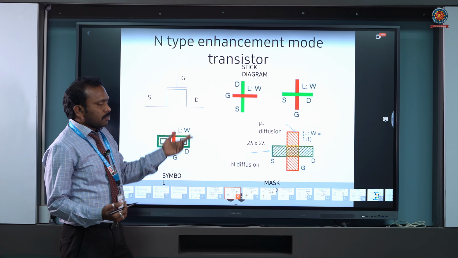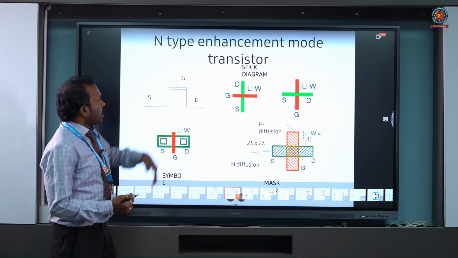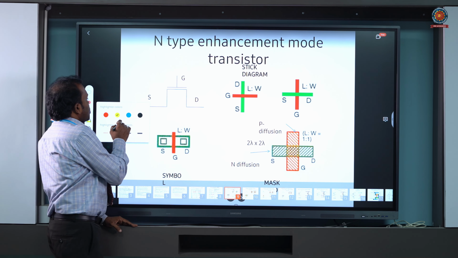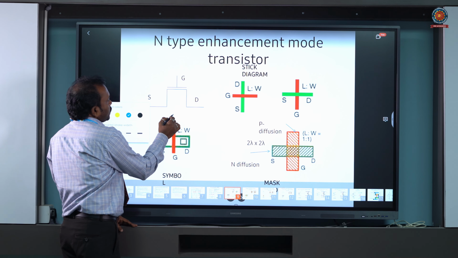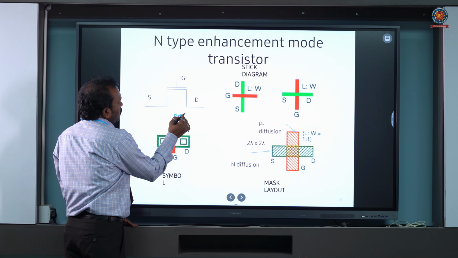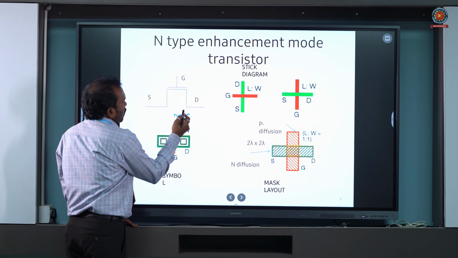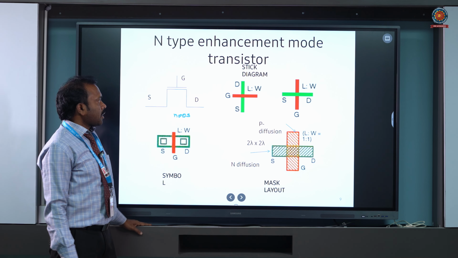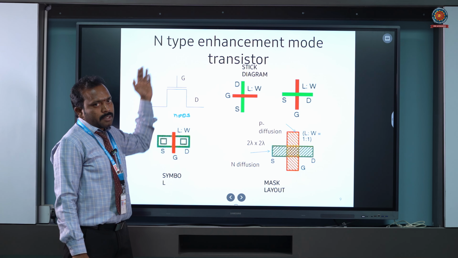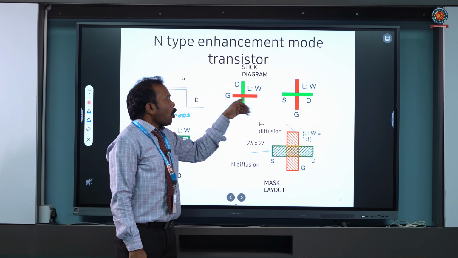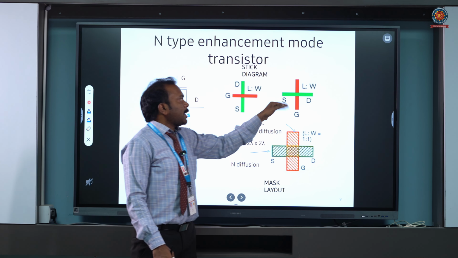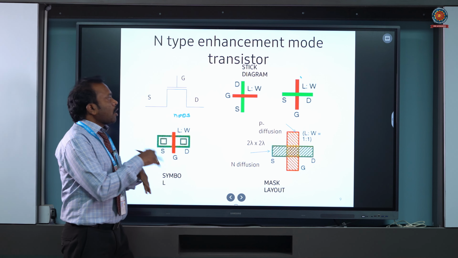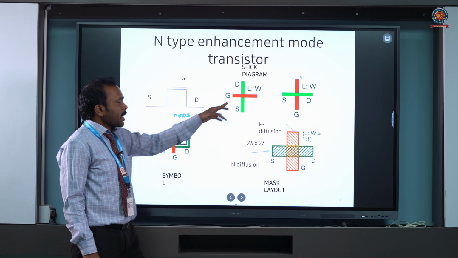Okay, so this is your NMOS transistor, where source, drain and gate are there. Now how to form this transistor? Red over green or green over red, whenever these two overlap each other, no contact is made.